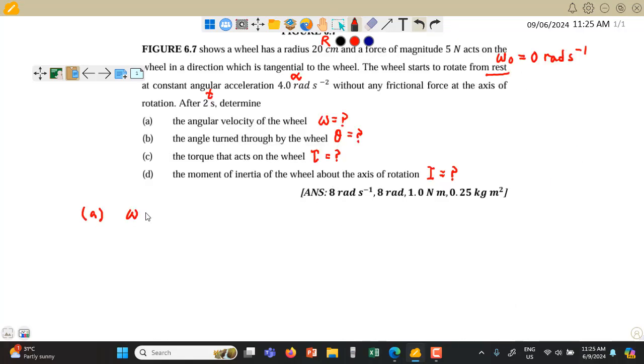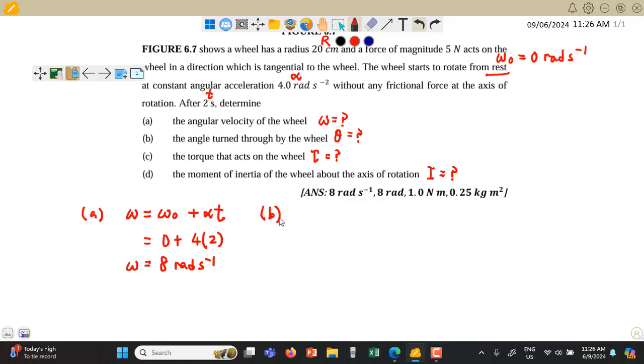So we have omega equal to omega naught plus alpha t. Omega naught is 0, we start from rest. The angular acceleration is 4. The time taken is 2. So we will get the angular velocity after 2 seconds to be 8 radian per second.